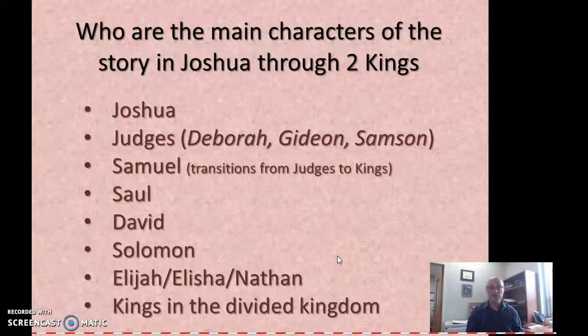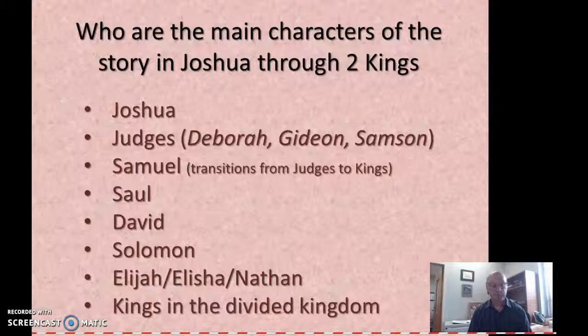Who are the main characters in this section of Joshua through 2 Kings? You'll find a different one in each part. We start with Joshua, then Judges. There are 7 judges that rise, but the most significant ones are Deborah, Gideon, and Samson, perhaps. There may be some others you'll read about there.